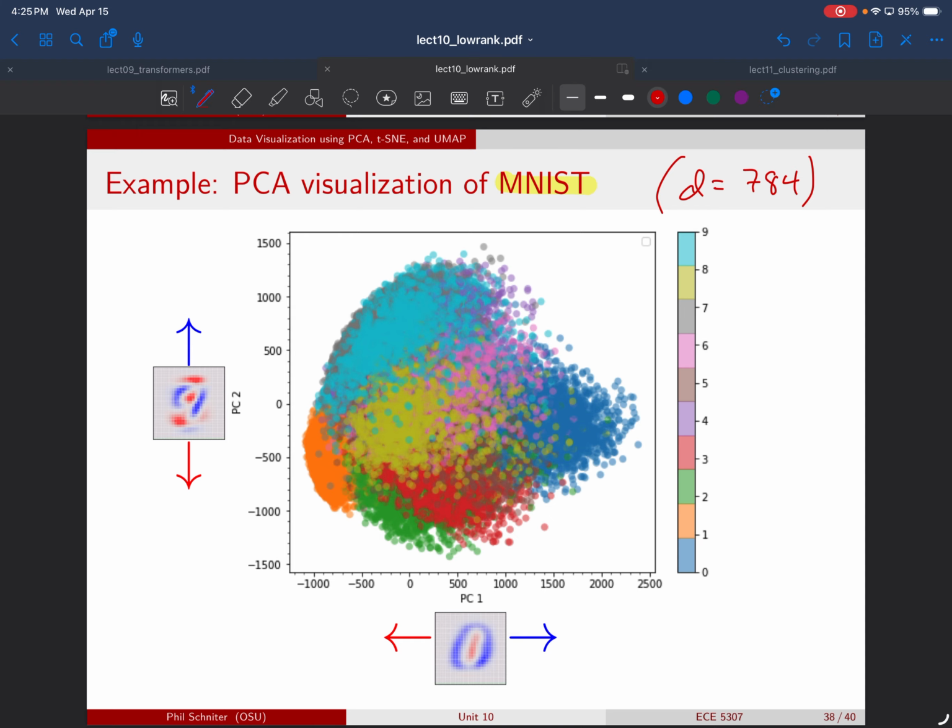And then we're plotting, and we're coloring the points with their label. So like these are all the 9s from the data set. These are the 8s. These are the 0s, the 1s, and so on. And so you can see that there is a grouping, right? You can see things are sort of grouped together, but there's also a lot of overlap.